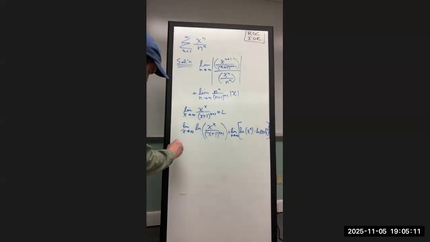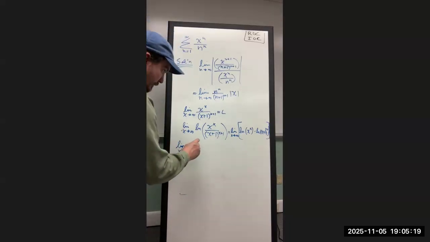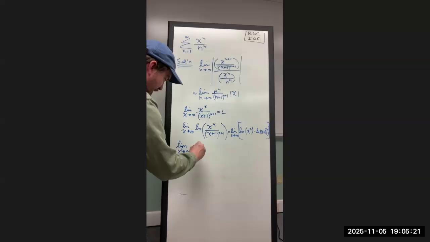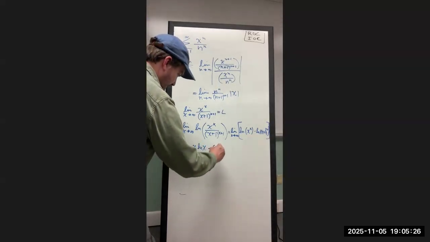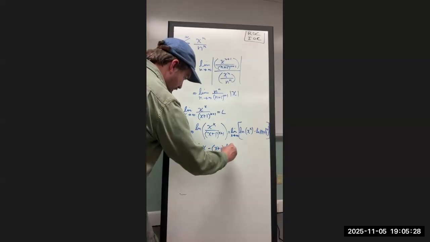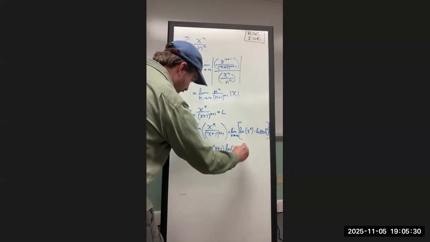Now we can use the log property and bring down the powers, and get x times the natural log of x minus x plus 1 times the natural log of x plus 1.